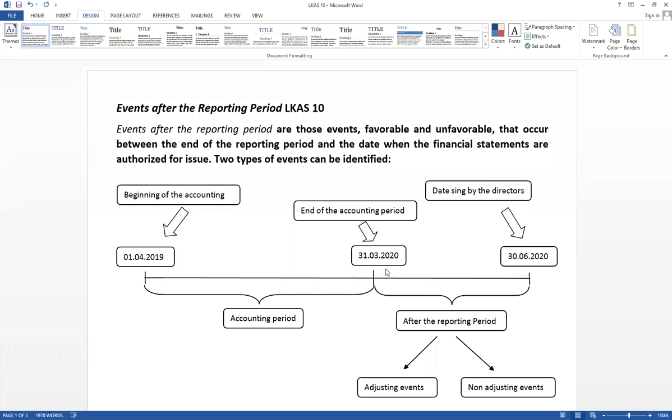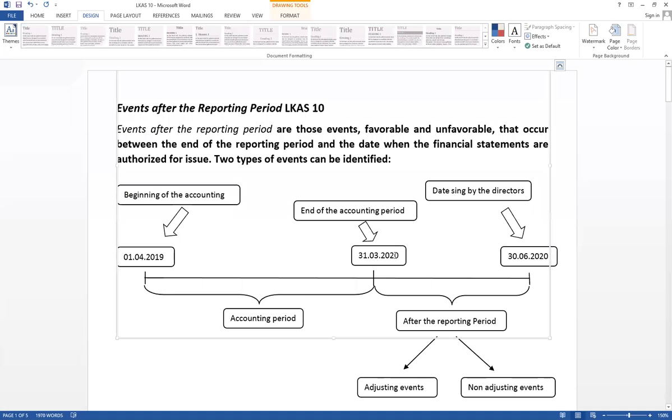Events after the reporting period. Think about the first one, events. Second one, after the reporting period. First one, think about this one. This is our accounting period.